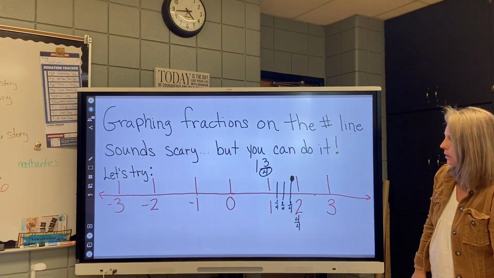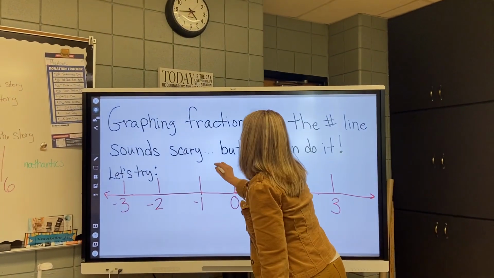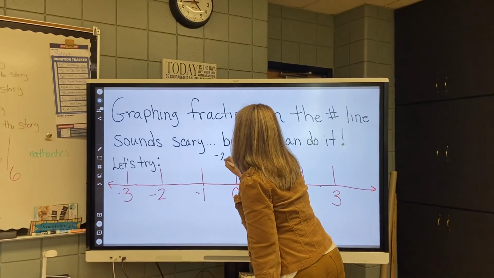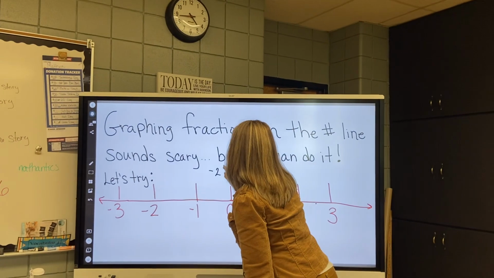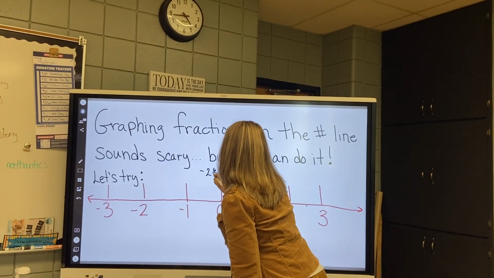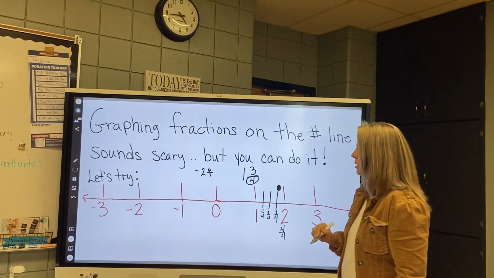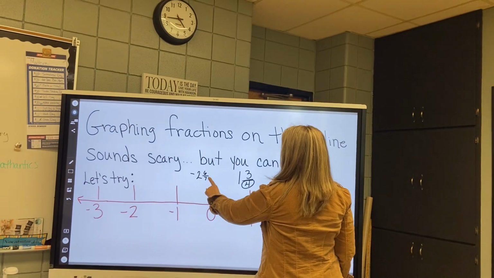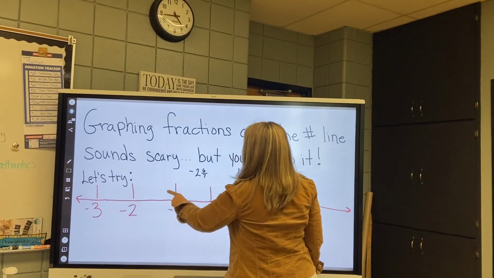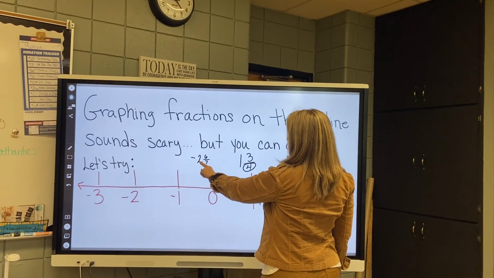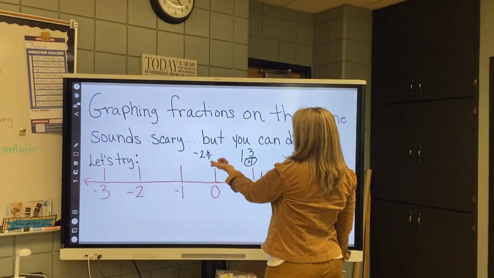Now let's plot -2 and 6/7. Wow, that looks scary. When I look at -2 and 6/7, I know I'm going to go to the left of the 0. I'm going to look at 2 and 6/7. Is that more than 2? Yes. Is it more than 3?